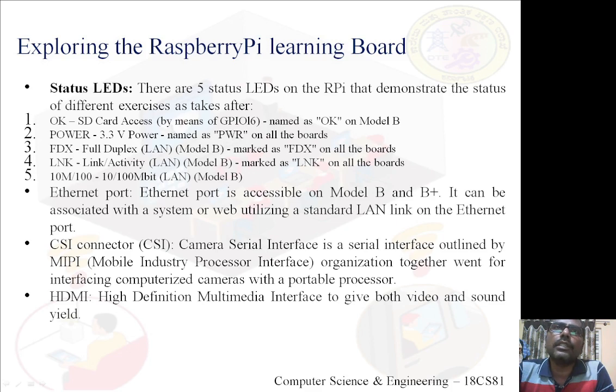The next is PWR, 3.3 volt power on all boards. Next, FDX, full duplex status LEDs. OK means SD card is accessible. 3.3 volt power PWR. FDX means full duplex. LNK means link activity. 10 by 100 LAN.